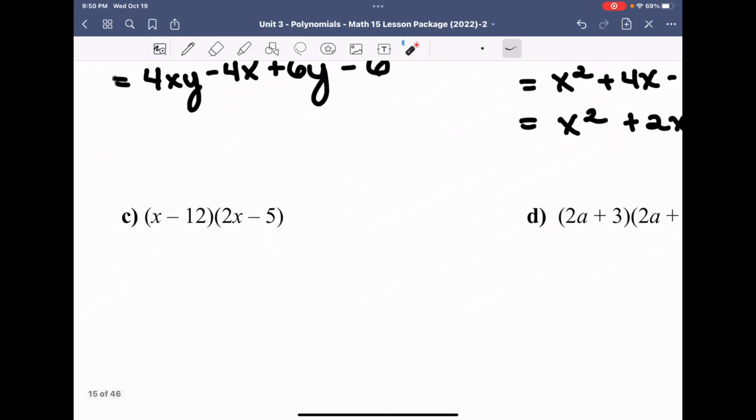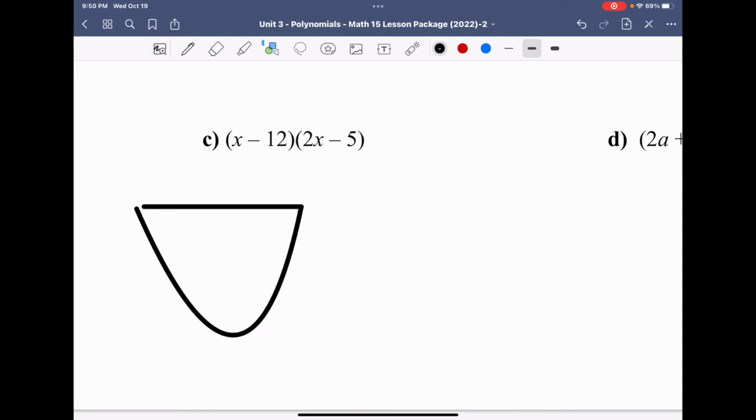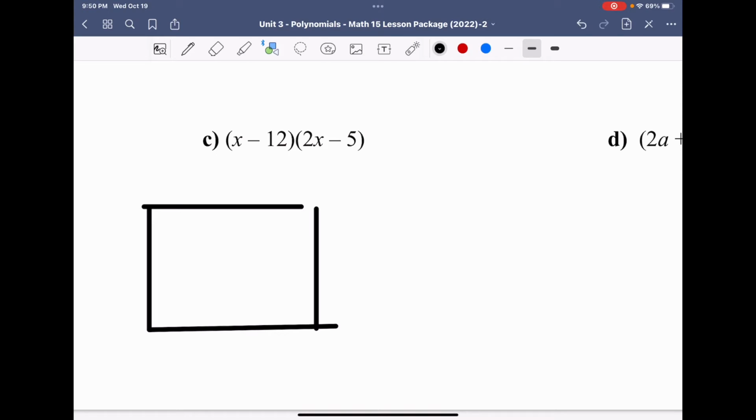All right, now what I would like to show is the box method instead. So if I create a box here, I'm just going to create a 4 square box. Whoops, wrong shape there. There we go. And I'm going to cross it. And then now what I want to do is assign each part of the box one part of the binomial.